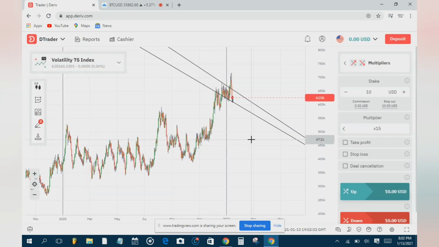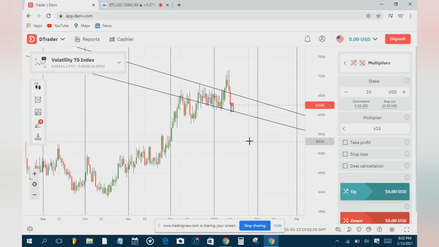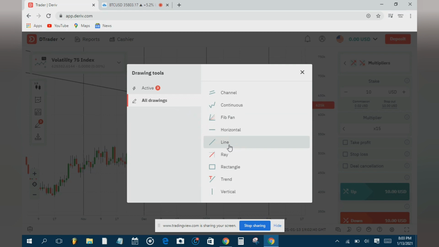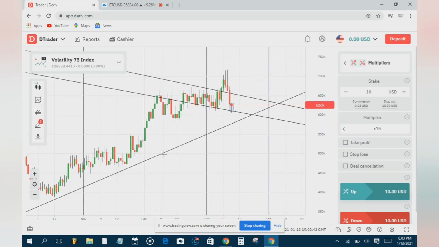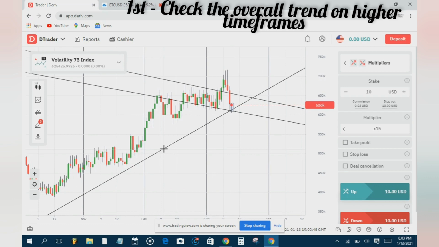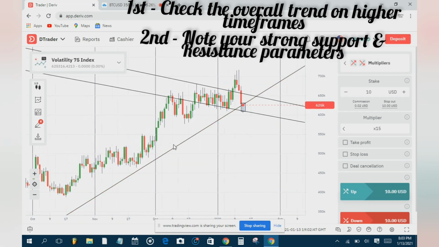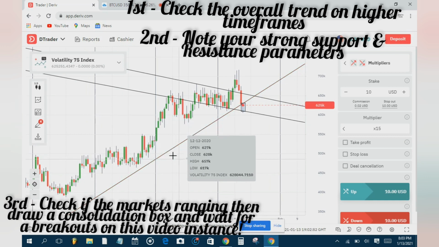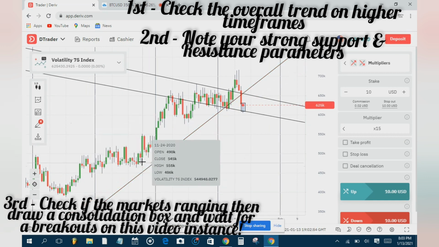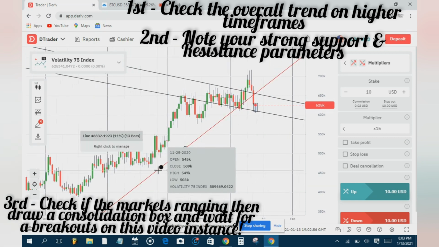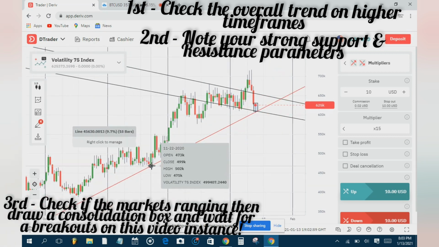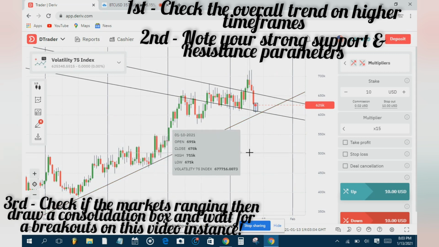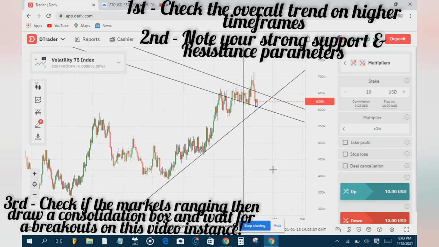So this is 1 day here, and now I'm going to draw the overall bullish trend. So that's the overall bullish trend. You can see it's on the uptrend.